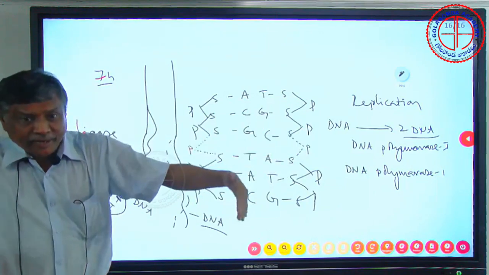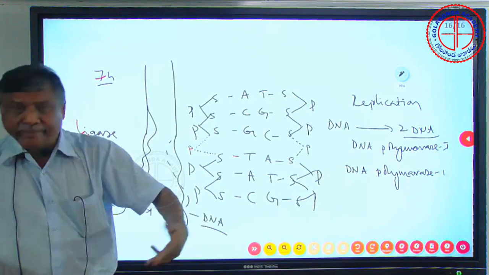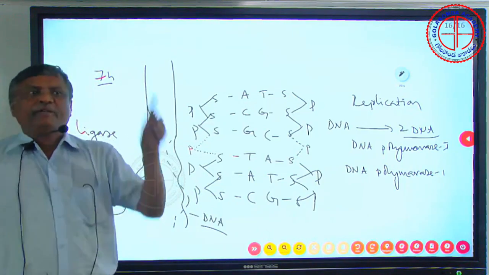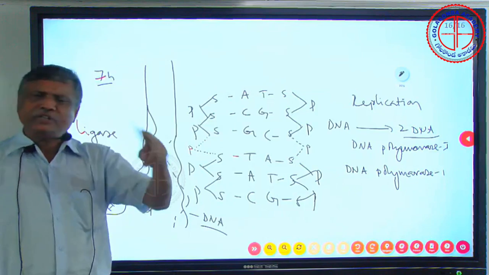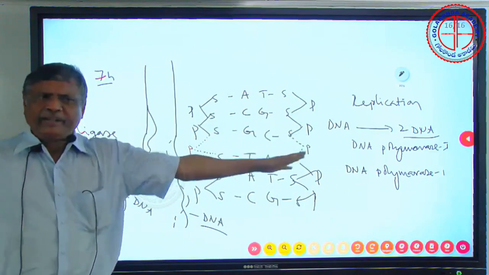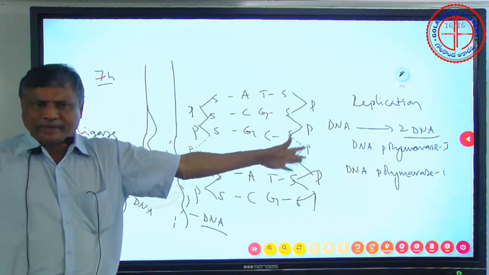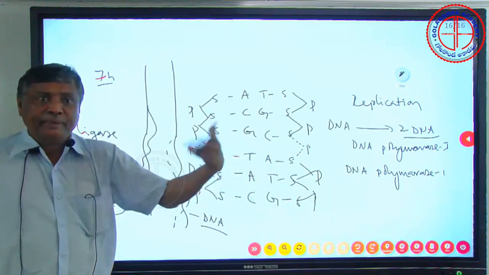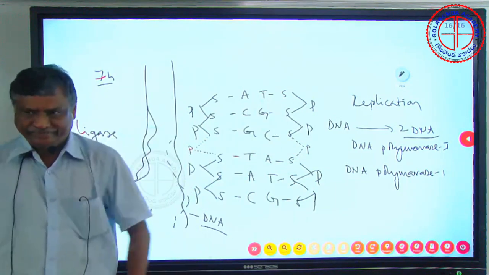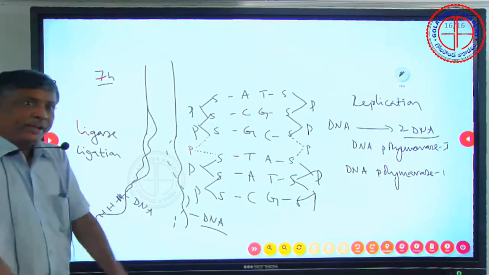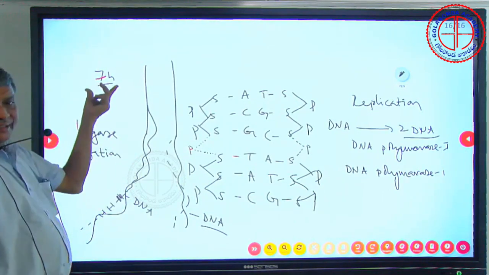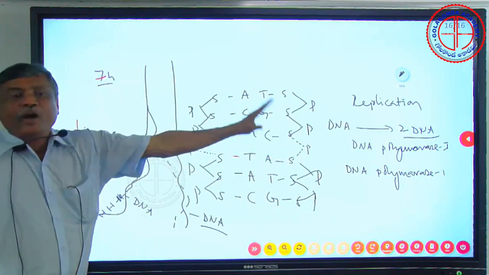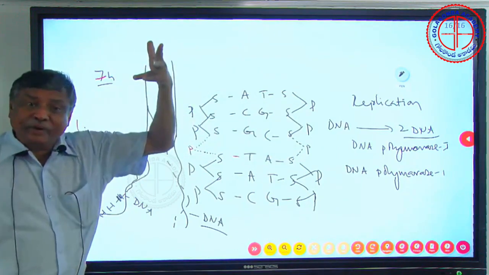DNA polymerase 2 is also there, but the enzyme involved here is DNA polymerase 1. Under the control of DNA polymerase 1, the synthesis of DNA from DNA takes place. How many new DNAs are formed? 2.